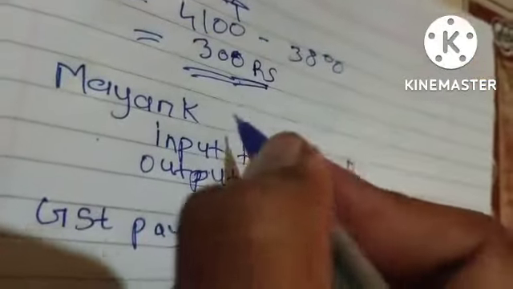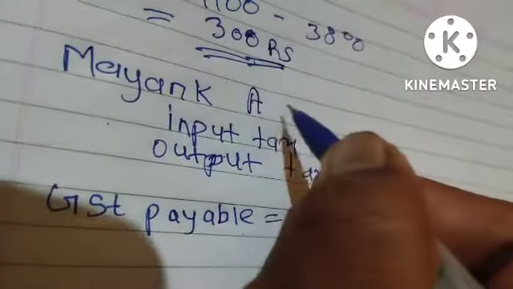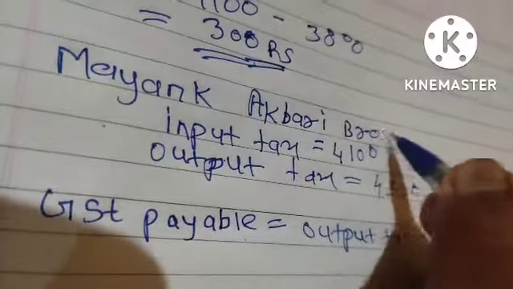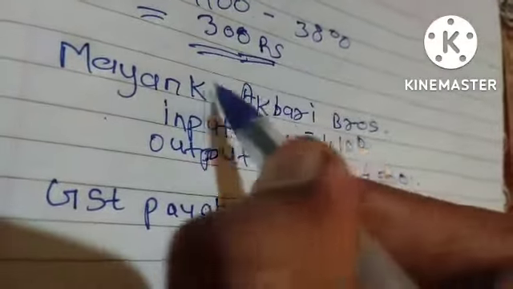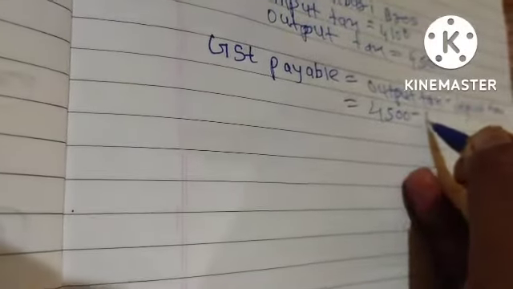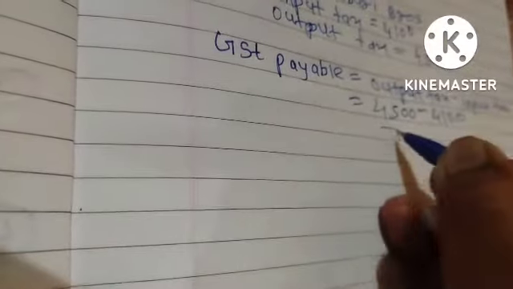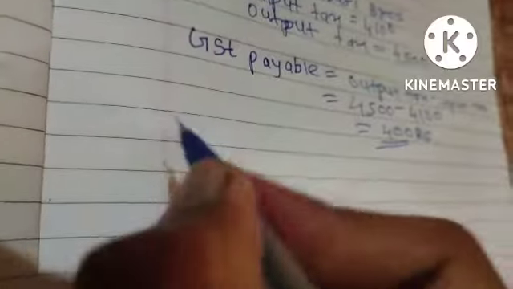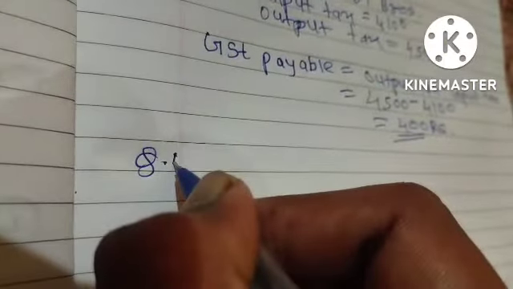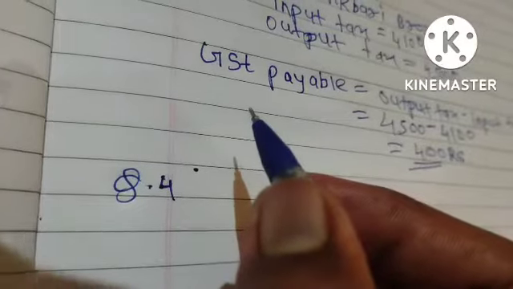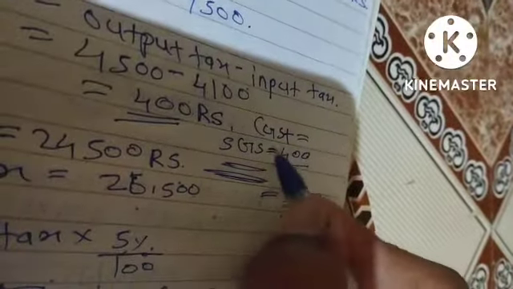Here we can write for Akbari Bros, output tax is 4,500 minus input tax 4,100. So 400 rupees will be the GST payable. Let's see question number 4. Malik Gas Agency, Chandigarh Union Territory. Amount of CGST and SGST.